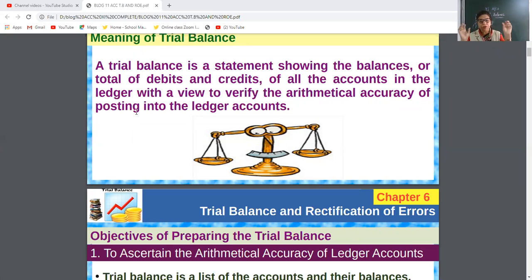If the total of both the sides match, then we can say the system is perfect. Still, if there is some difference, then we can put that difference in suspense account, and then afterwards we will do rectification of errors.